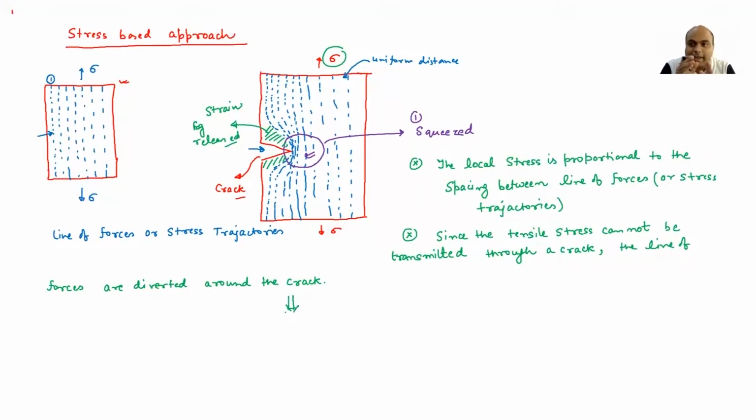Just imagine, count the number of lines of forces in front of the crack tip. It's going to be much higher than if there was no crack, at the same position. That means you're going to have stress concentration now. If the applied stress is sigma, you're going to observe a stress value higher than sigma at the crack tip.